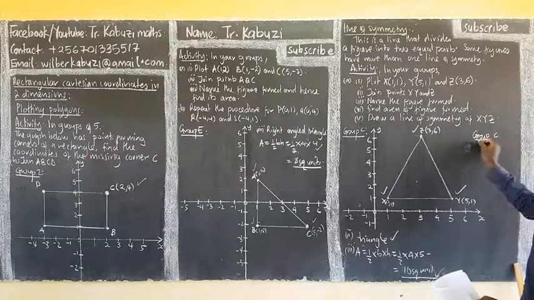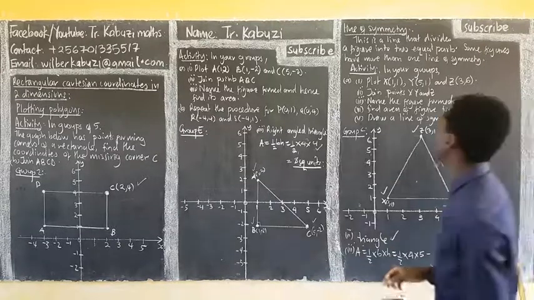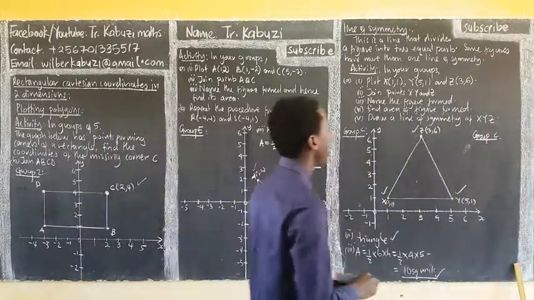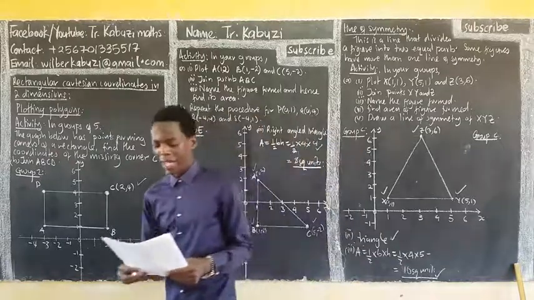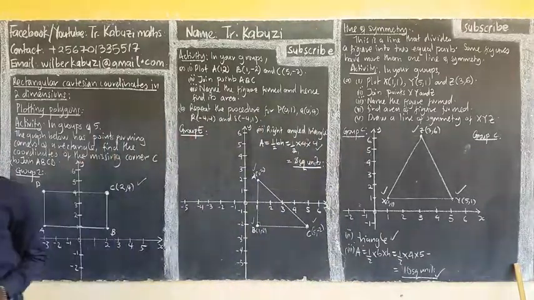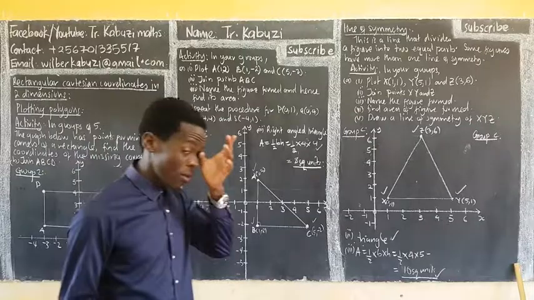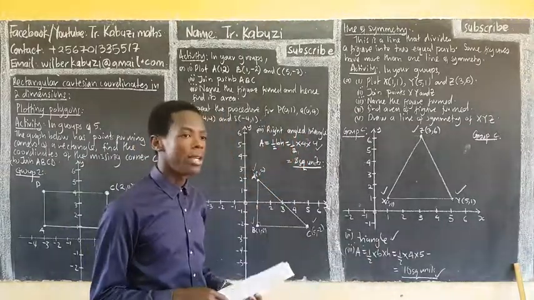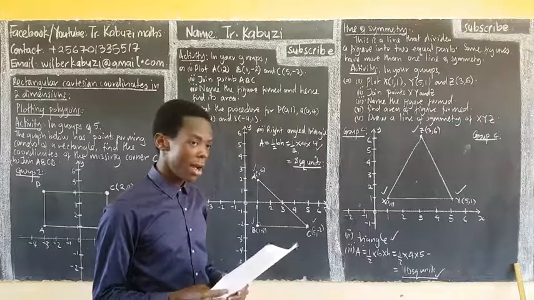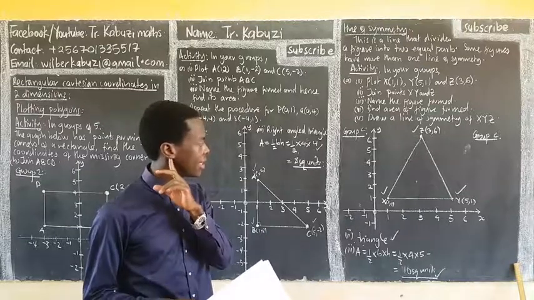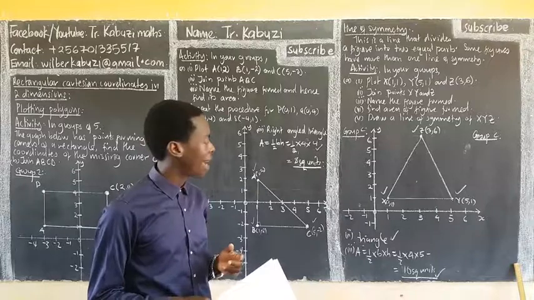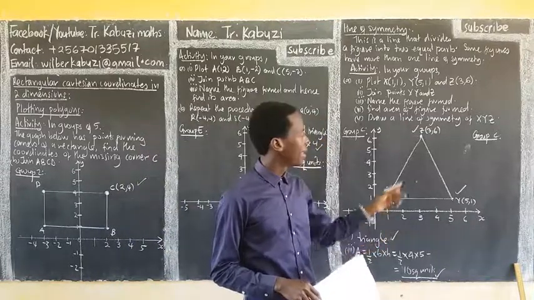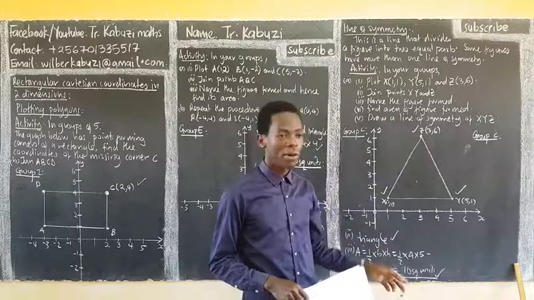Group C. Okay, from there, then part B, and then part 5, they are telling us to draw a line of symmetry. How do they draw a line of symmetry? Can you explain to us how you drew the line of symmetry, group C? You looked at the line that is dividing this into equal parts.